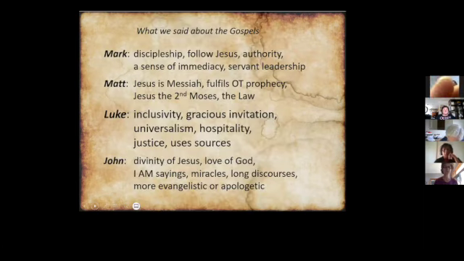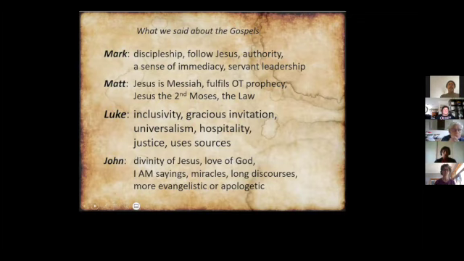And these are the things we've said so far about the gospels. Mark is about discipleship, following Jesus, authority, has a sense of immediacy and a servant leadership. In Matthew, we have Jesus as Messiah, fulfilling Old Testament prophecy. Jesus is presented as the second Moses, and there is an emphasis on the law.